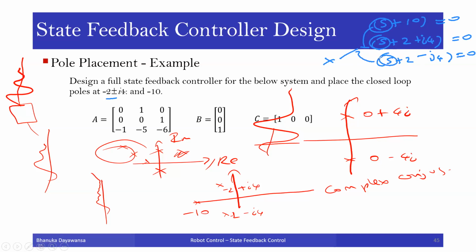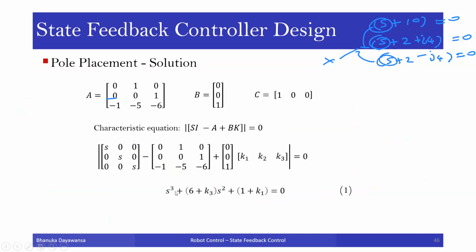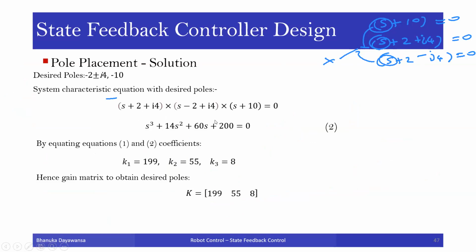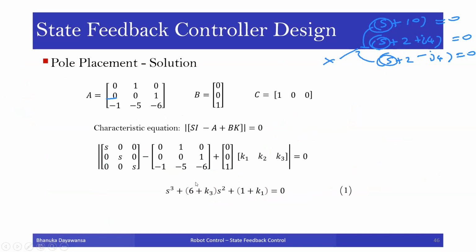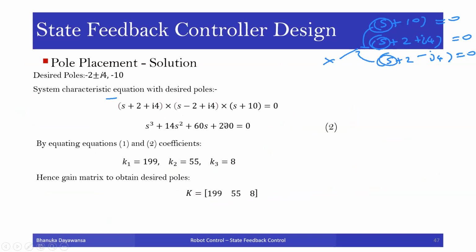Now you have this equation, which is actually the desired system equation, right? You have the current system equation, what we got here, and you have the desired system equation.